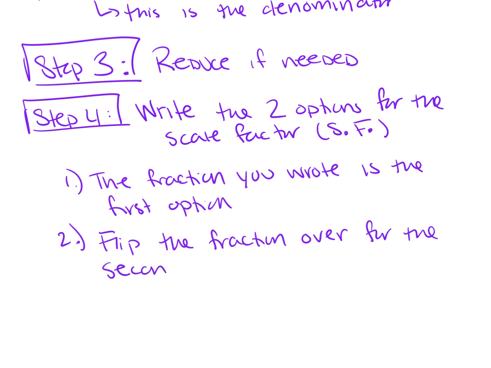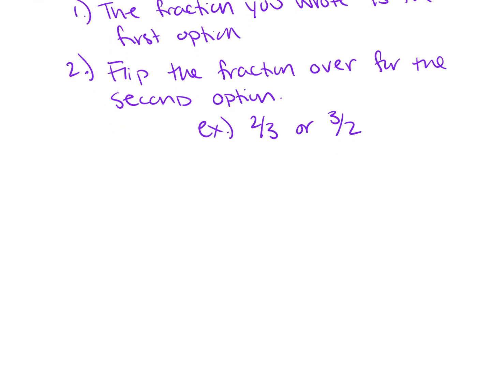I'm going to do an example after, so if the words don't make sense, I'm going to connect the words to an example. So if your fraction was 2 over 3, the other option would be to flip that over and get 3 over 2. So we can write that. So 2/3 or 3/2, there's always two options for scale factor. Okay, so that's step 4. Figure out your two options.